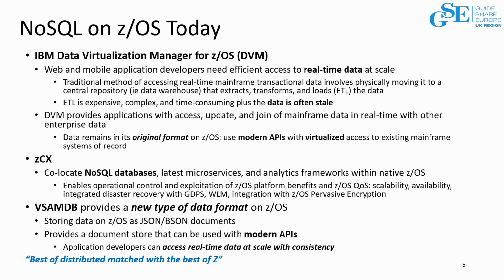That's the real advantage of what RLS and VSAM provide today. So we have this blending of the best of distributed with the NoSQL databases matched with what we think is the best of the Z platform in terms of the scalability and the sysplex-wide data sharing. And we'll talk some more about that.